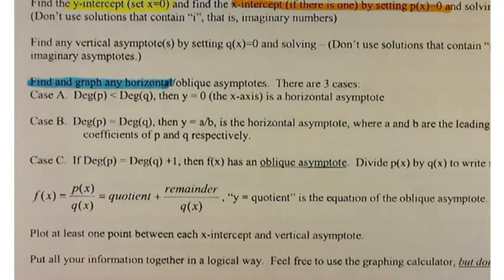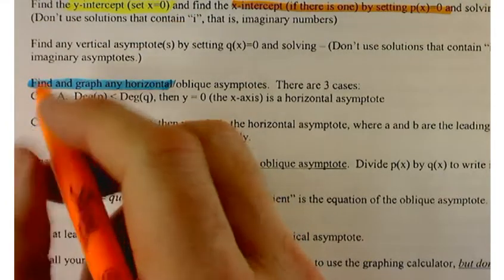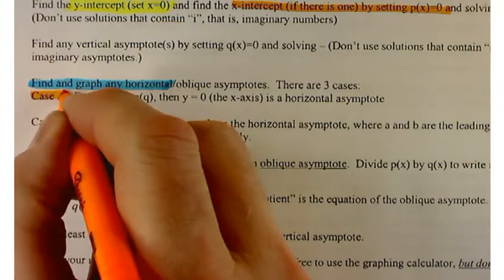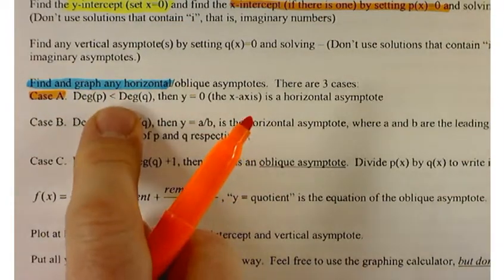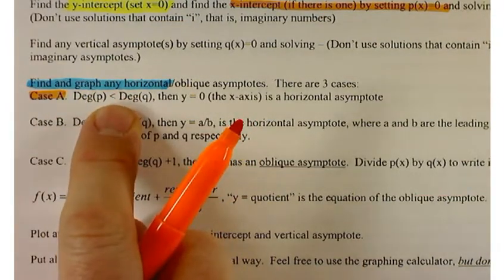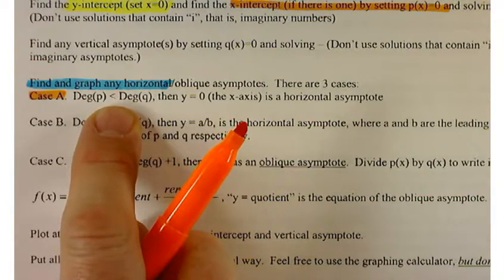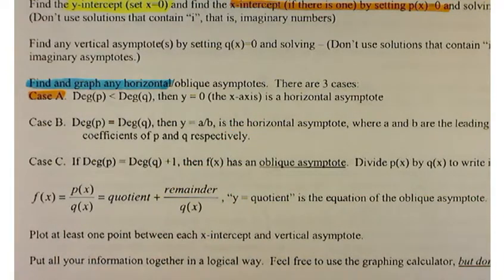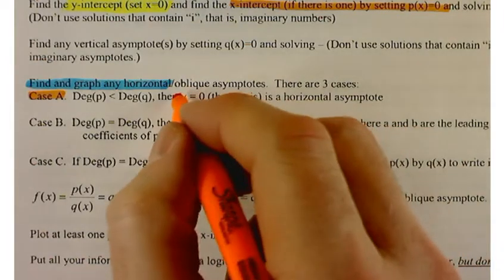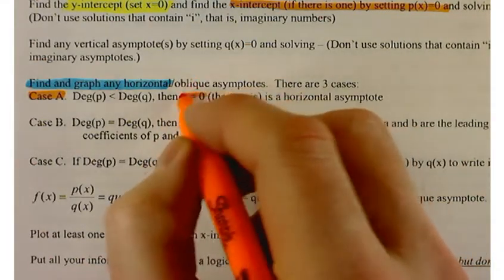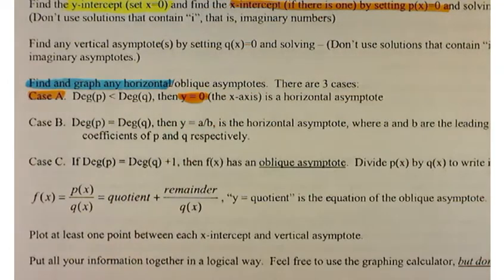The oblique asymptotes are going to come in a little bit later. There's a couple cases. There's case A, where the degree of the numerator is less than the degree of the denominator. That's the first case. And if that's true, then y equals 0 is your horizontal asymptote.